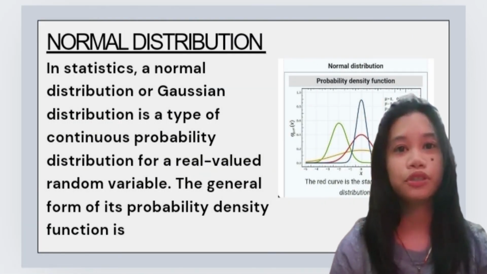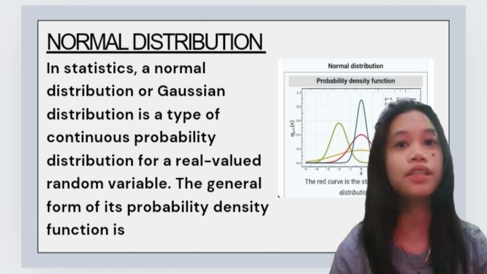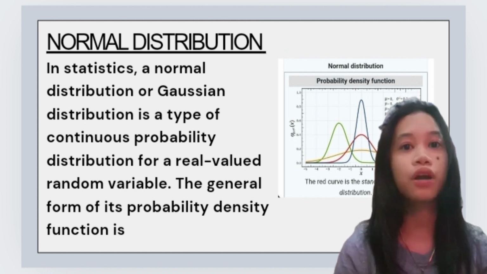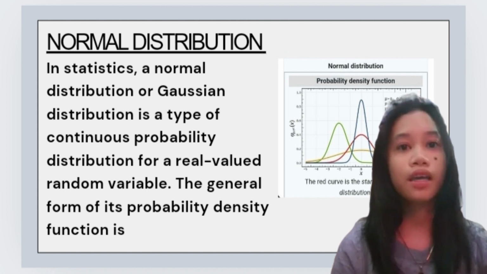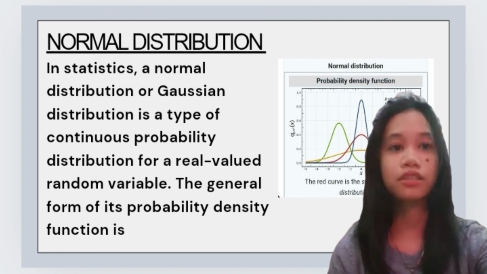Normal distribution. In statistics, a normal distribution or Gaussian distribution is a type of continuous probability distribution for a real-valued random variable. The general form is its probability density function.